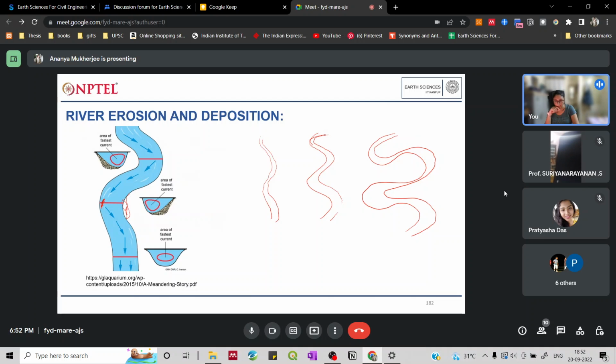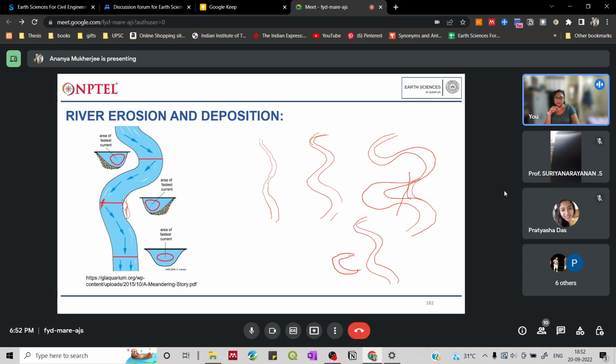So what will happen is, this area would get cut off, and the river will automatically join this meander, and then it will start flowing like this. And this part that is cut off will form what is called an oxbow lake.